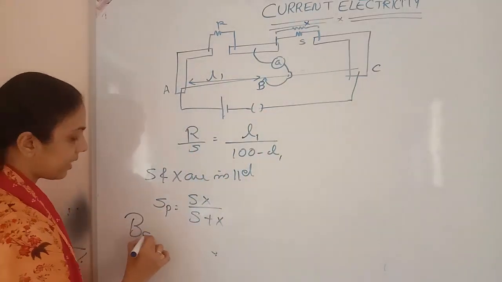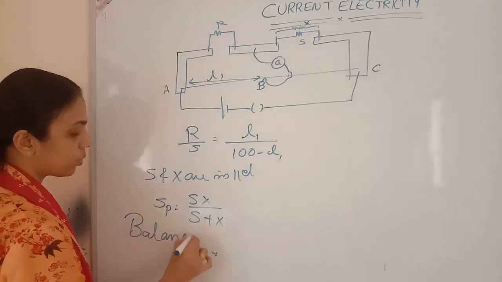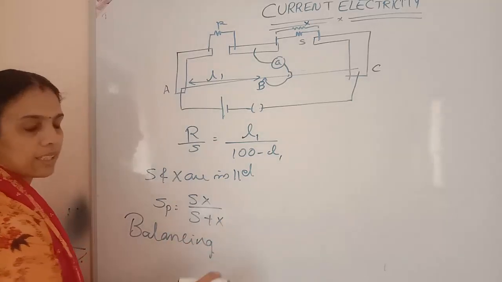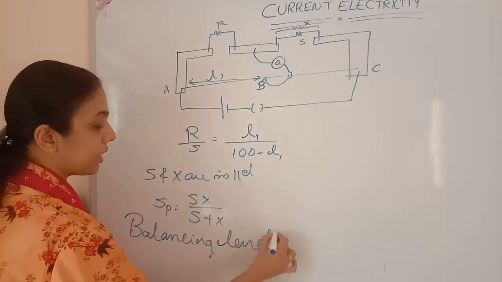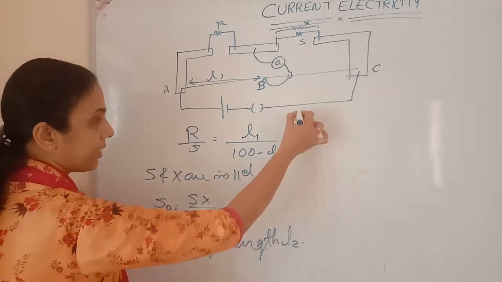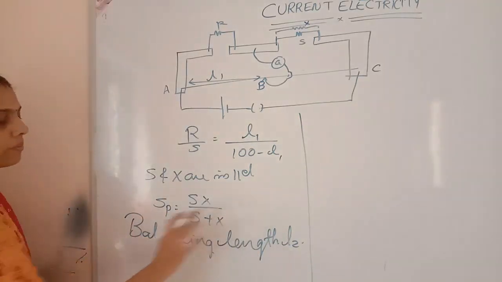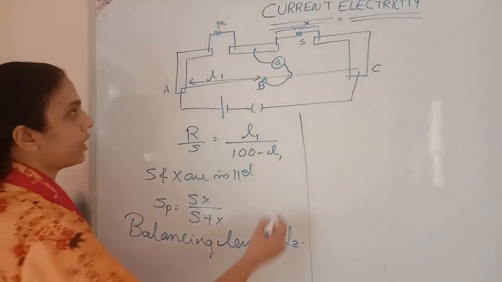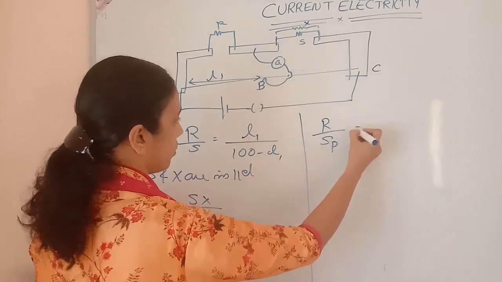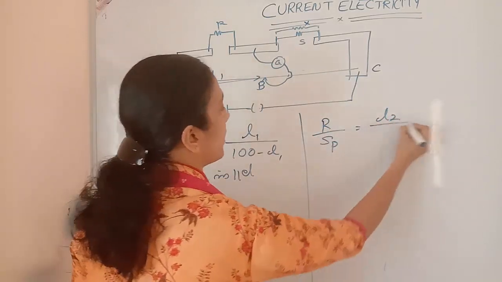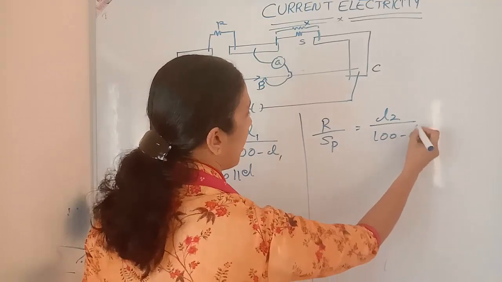Yesterday itself I told you that we can also find series and parallel connections using this meter bridge. Now the balancing length is L2, so how can we write this equation? R by SP will be equal to L2 divided by 100 minus L2.